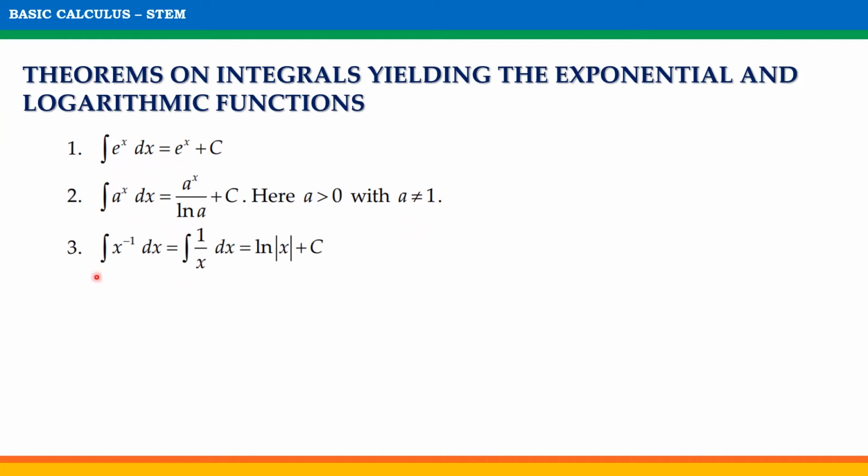And finally, the indefinite integral of x raised to negative 1 with respect to x, which is the indefinite integral of 1 over x with respect to x, is equal to ln absolute value of x plus c. We will be using these theorems later on as we solve for the antiderivative of some functions.